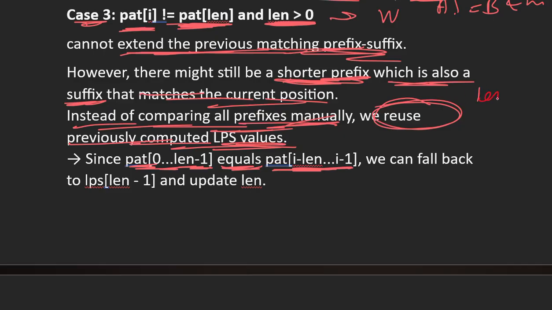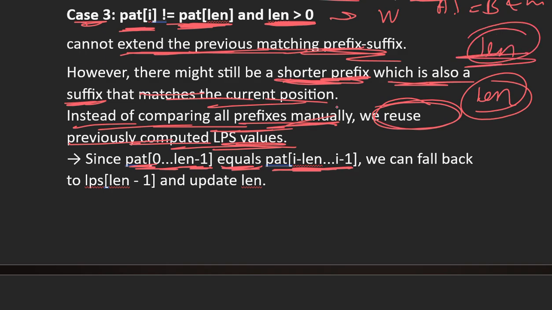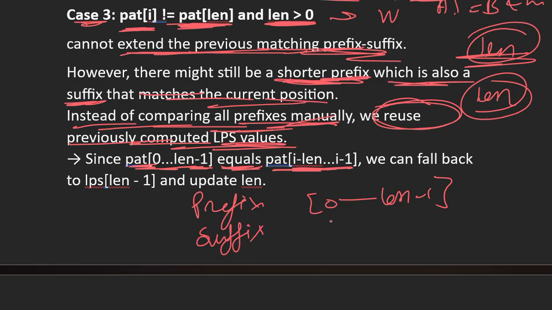As we have matched length, our previously matched prefix suffix is of length l, that means prefix from 0 to length minus 1 is equal to suffix, which is i minus length to i minus 1, right?